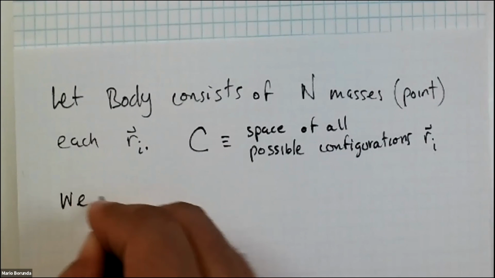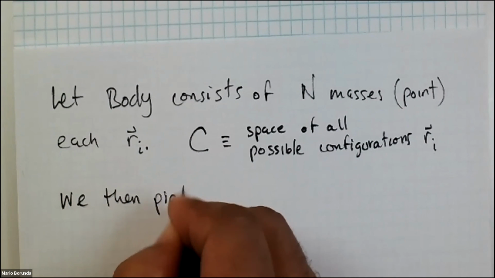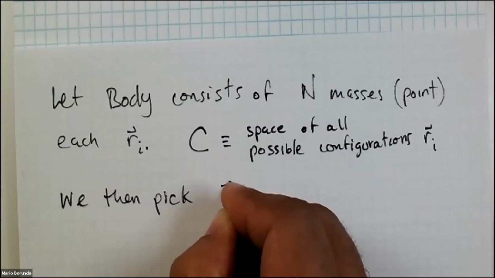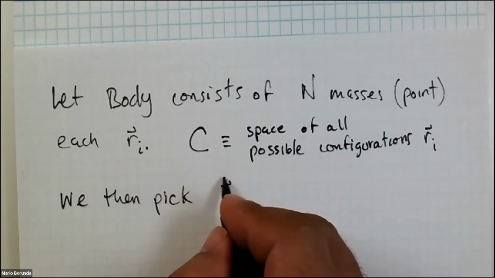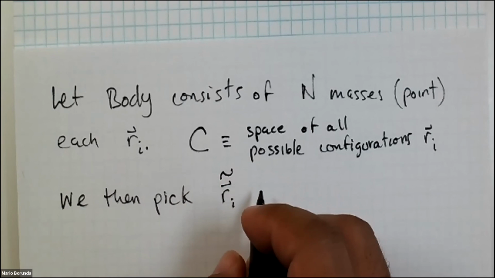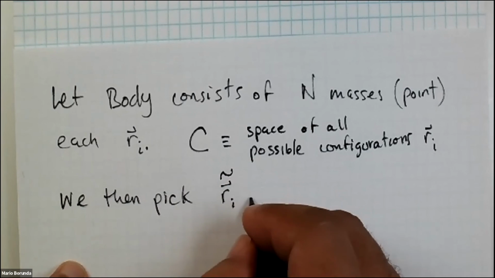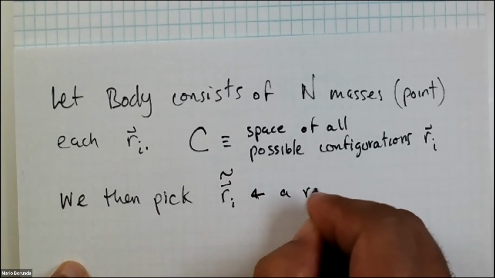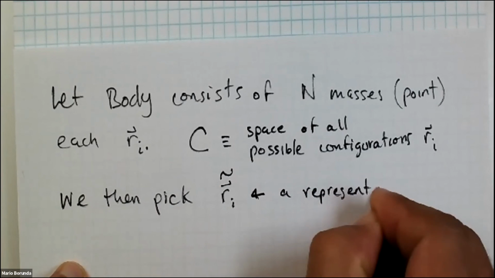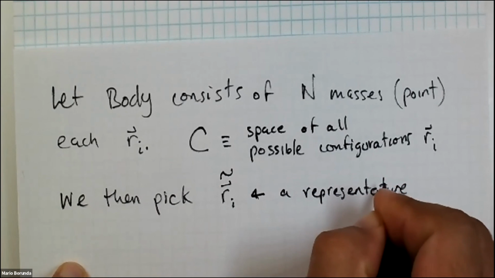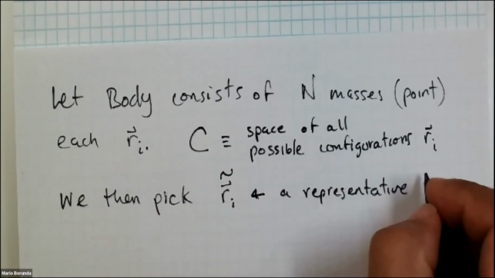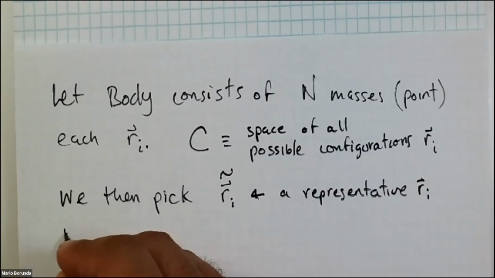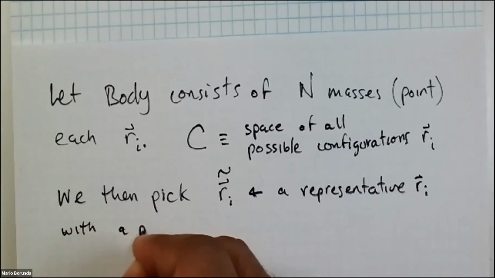We then pick some R_i tilde, and this is a representative R_i with a particular orientation.